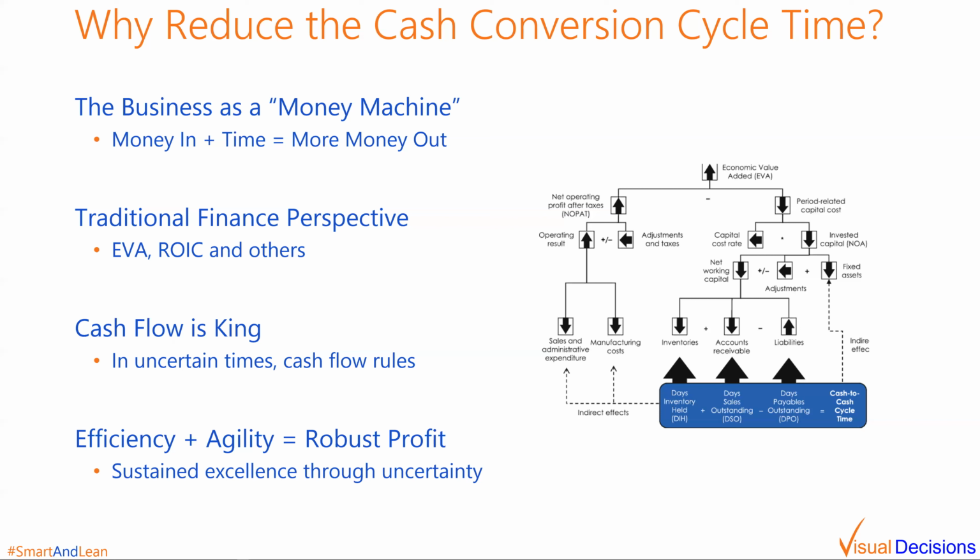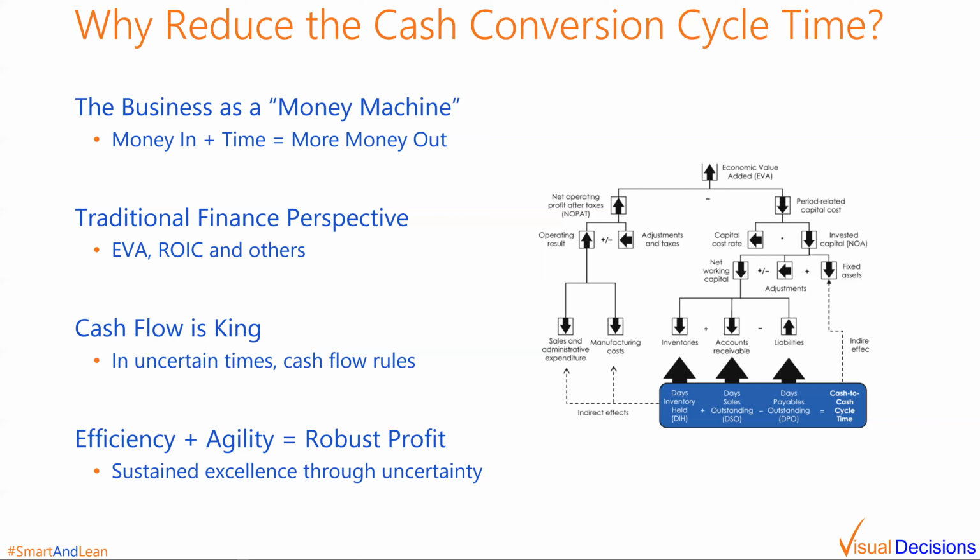And as far as something like economic value added, if we look at the diagram over on the right side there, I won't go through all the details of that, but reducing that cash to cash cycle time directly and indirectly increases your economic value added as a corporation. Another side of this is that cash flow is king. Cash flow is always king, but cash flow is king most certainly during uncertain times.